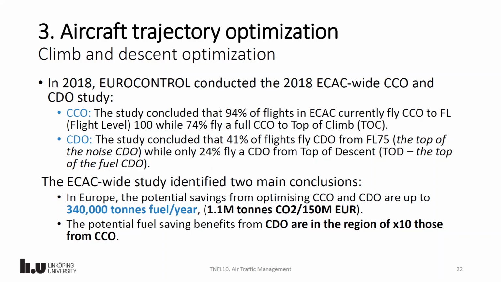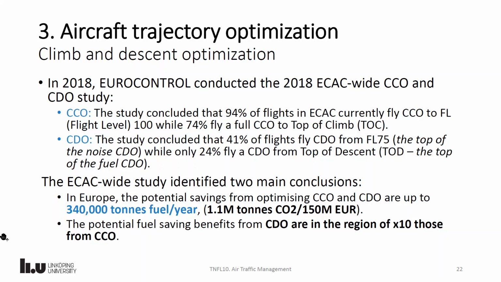And the actual top of descent, which is the one that we defined in some slides before, is the actual point from which the aircraft starts to descend, which is what is important in terms of fuel. So they found that from the top of descent, only 24% of flights do a continuous descent operation. So there is still a lot of work to do with continuous descent operations.